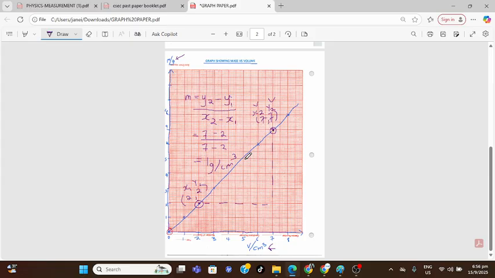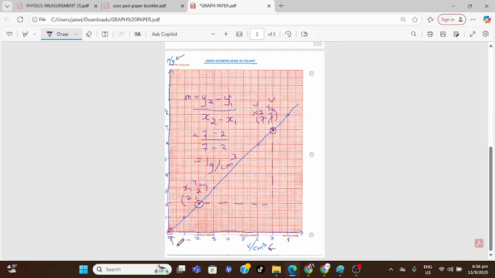So the next question is gonna ask what the y-intercept is. What in the world is a y-intercept? Make a note. The y-intercept is the point where the line of best fit you have drawn touches the y-axis. So that blue line here, from here to here, and my y-intercept is right here.